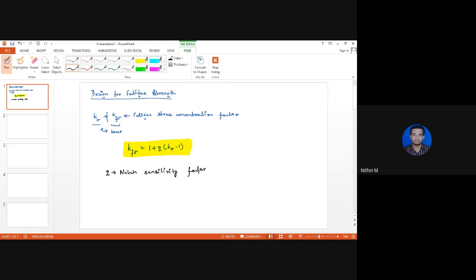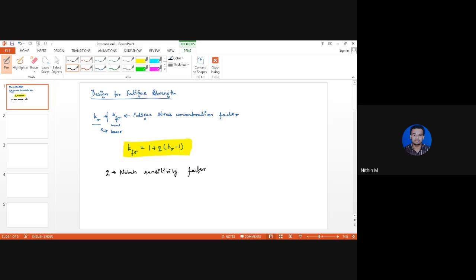So what does this notch sensitivity factor represent? It represents the susceptibility or vulnerability of the component to succumb to damages that are caused by fatigue loads.